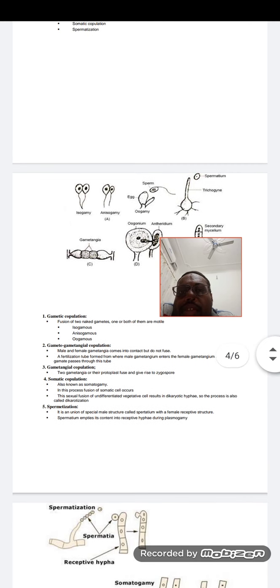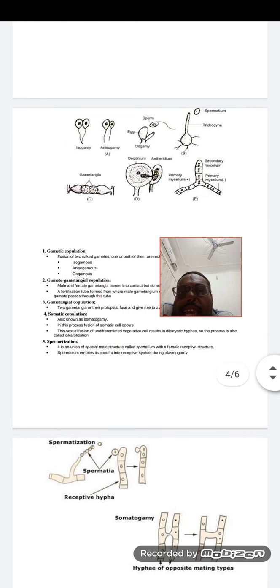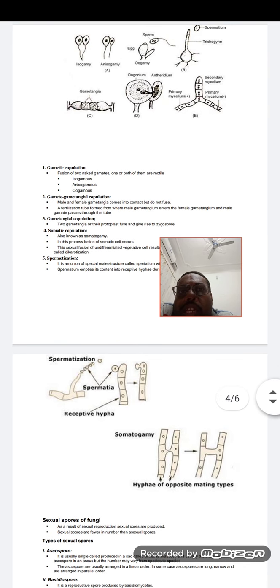And the next one is gametangial copulation. If you see the diagram B1, the male and female gametangia come into contact, but they don't fuse, and a fertilization tube is formed there.